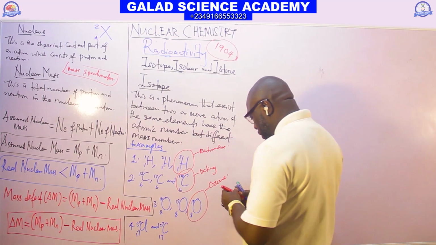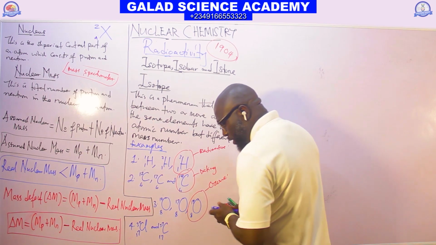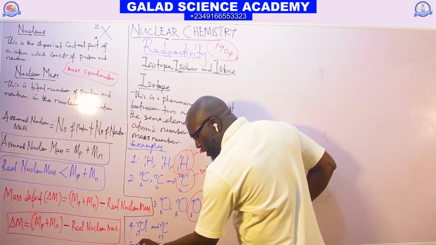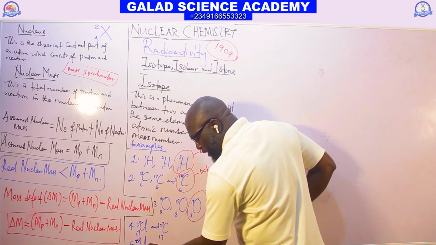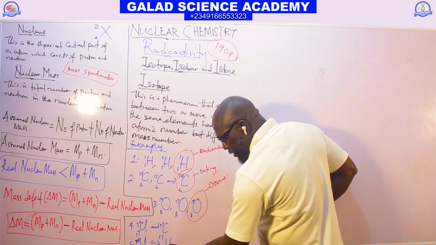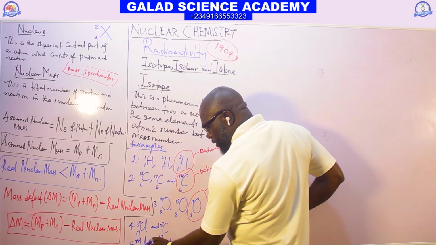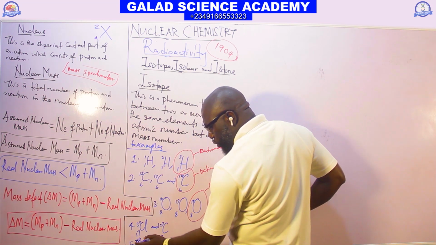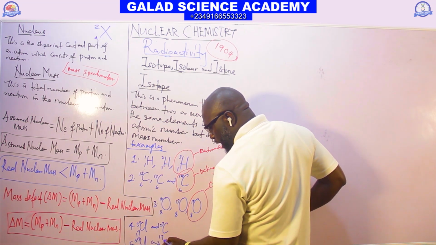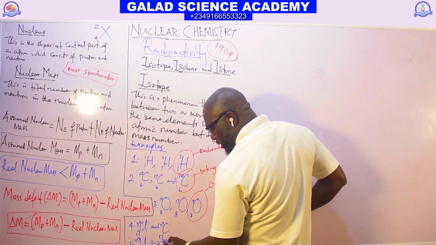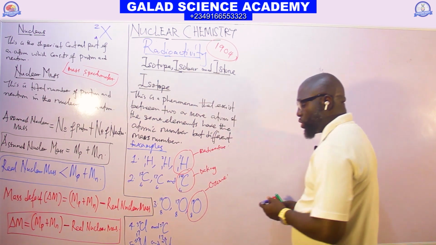We also have uranium: uranium 90, uranium 92, uranium 235, and uranium 238. So it's also what?